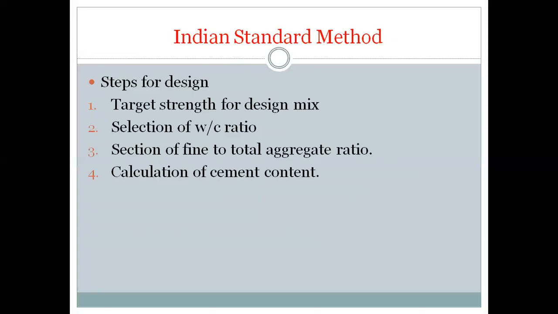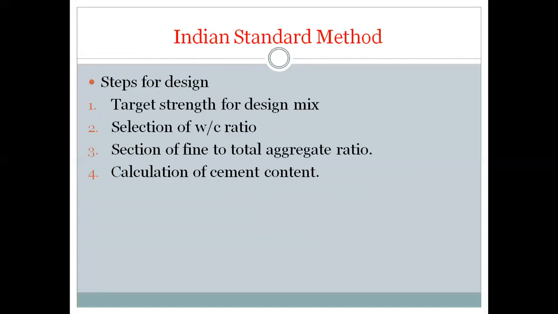Next is selection of the fine to total aggregate ratio. It is the process in which we have to design or calculate the quantity of the fine aggregate and the total aggregate.